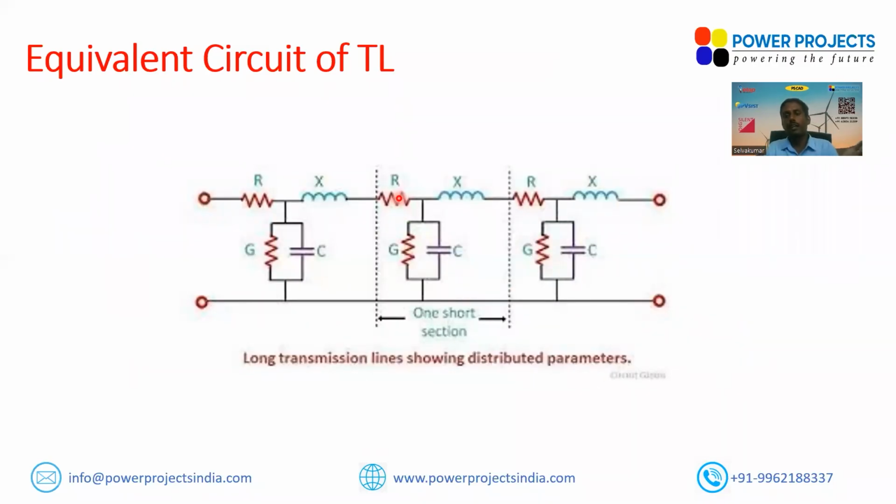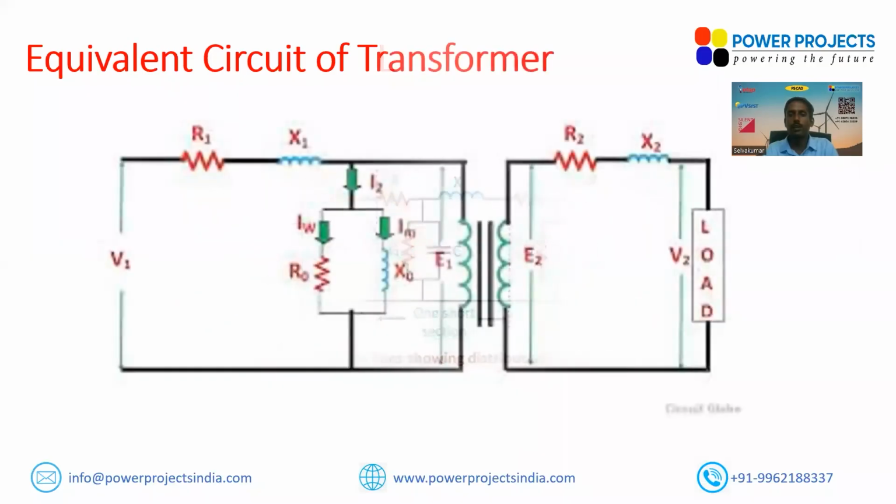You may need much more detailed modeling of a transmission line, for example for a lightning study. So before you conclude what equivalent circuit is needed for a transformer or a transmission line, you need to ensure what the purpose of the study is and why you are making the equivalent, rather than simply projecting this as an equivalent circuit of the transformer or a transmission line.